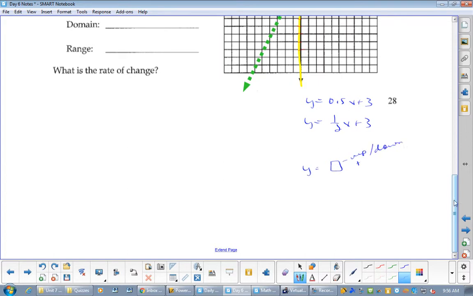So if it's up, it'll be positive, down, negative. This number is always right. You always go right. Never go left. So you'll go up or down, depending on your sign, then right. So run is always right. You don't want to run in the left direction.